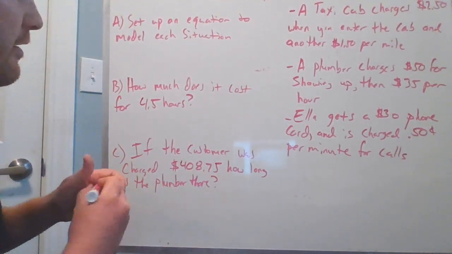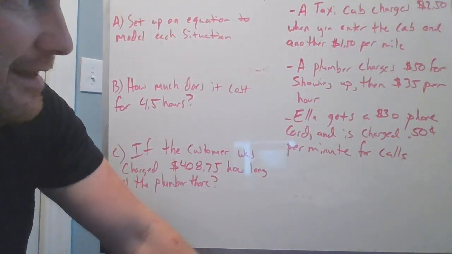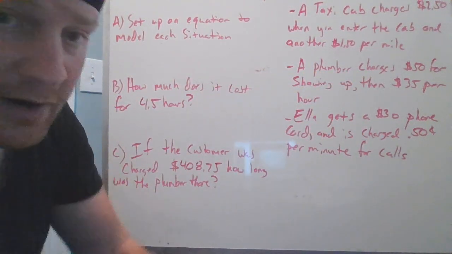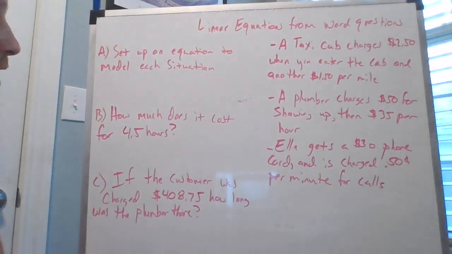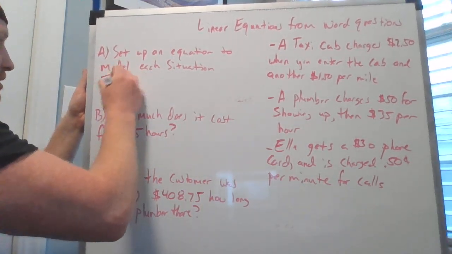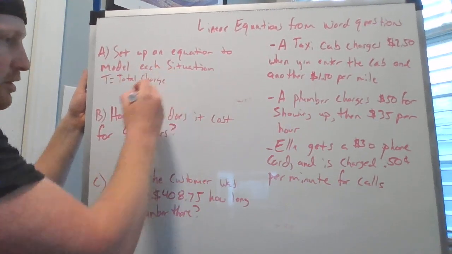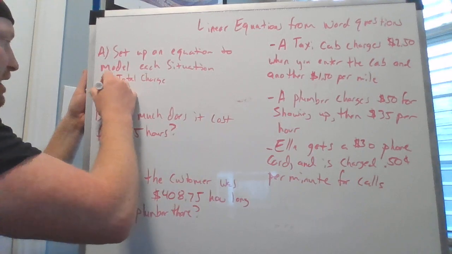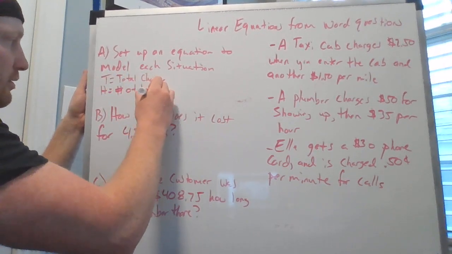All right, now the next question says a plumber charged $50 for showing up, then $35 per hour. Let's see if we can all see this. First thing we do is set up that equation to model the situation. So again, we're going to use T for total charge, and we're using hours, so we'll say H for number of hours.